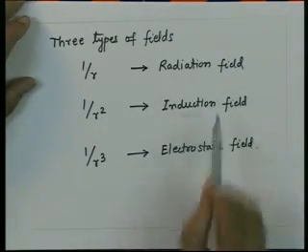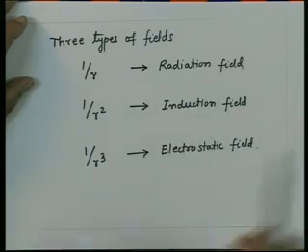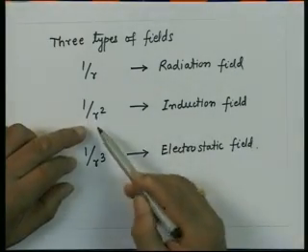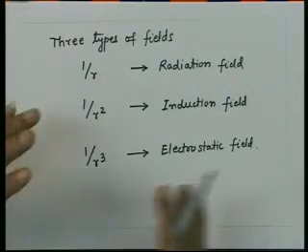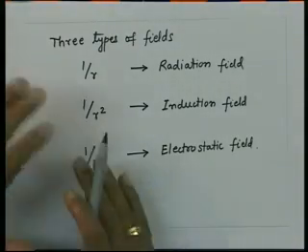The induction term is very clear because that is the way the magnetic induction was due to a current. So, the 1 over r square field is a very familiar field, we have seen it earlier, and using the same understanding we call that field the induction field.